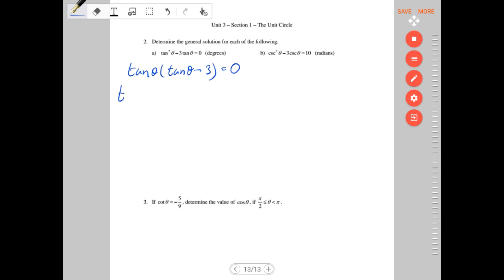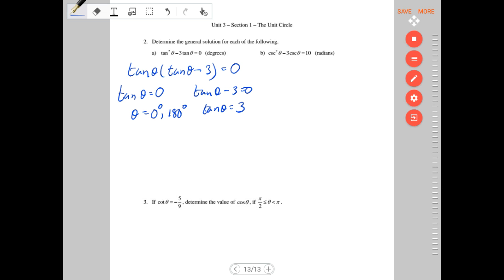I have the case where tan theta equals 0. So theta would be, when does tan equal 0 on the unit circle? We're in degrees, so that would be at 0 degrees and also at 180 degrees. We also have the case where tan theta minus 3 equals 0. So that would be when tan theta equals 3.